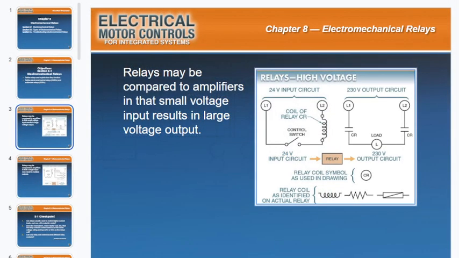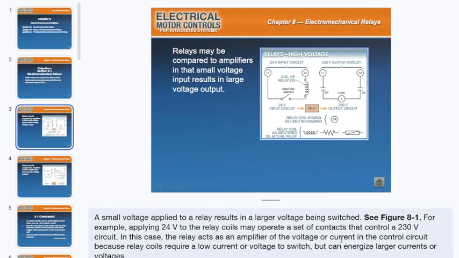Okay, so going back over to the for example part here, it said applying 24 volts, now they mention coil, to the relay coil may operate a set of contacts that control a higher voltage, in this case 230 volts, but it can control a higher voltage. All right, so that's the first thing. Let's pause it right there because, again, I don't like this use of the word amplifier.